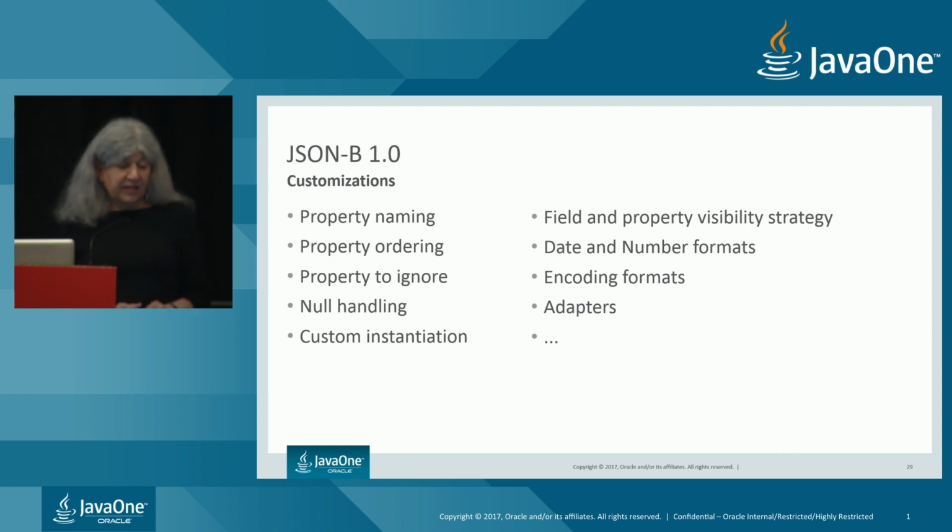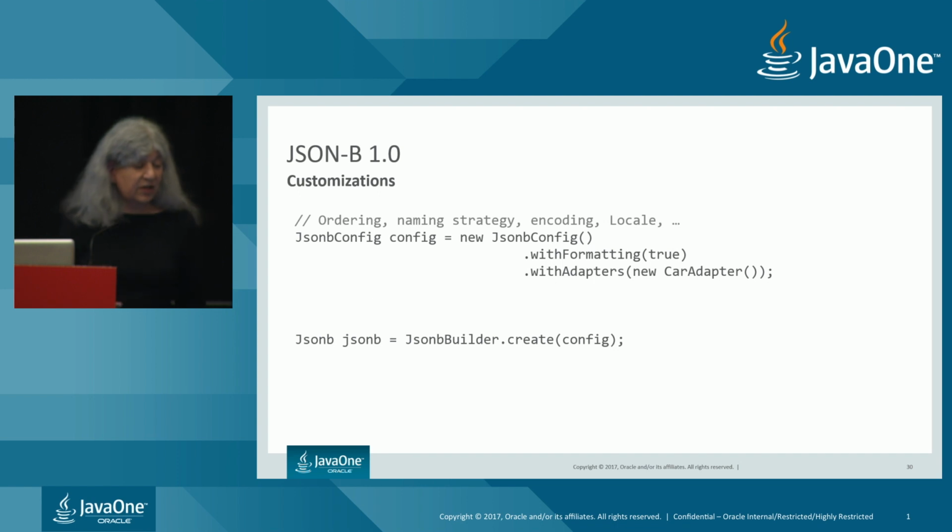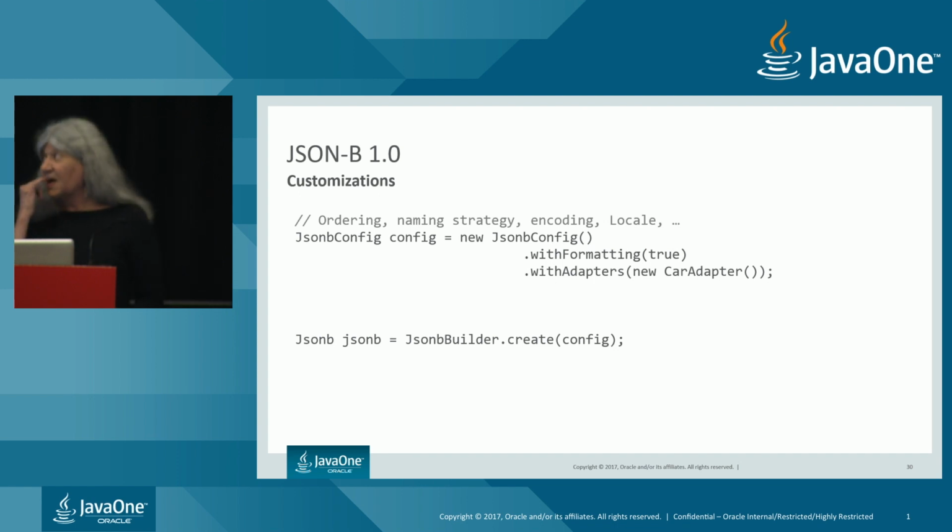The adapter API lets you define custom mappings. So you implement two methods, adaptToJson and adaptFromJson, and then these will get invoked for you. So here we're using JsonbConfig. We're going to do our pretty formatting, and we're going to use a car adapter that's going to do our transformation.